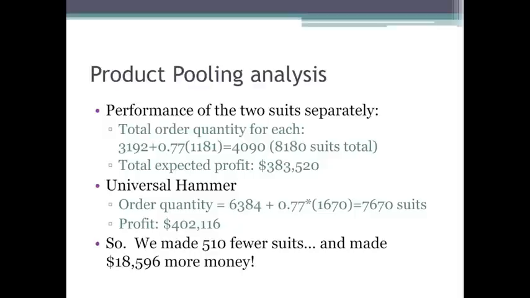If we had one universal wetsuit here, the profit would be about $402,000. So we make about 510 fewer wetsuits, but get $18,000 in profit more. That's the advantage of product pooling. It allows us to make less, but make more money from making less.